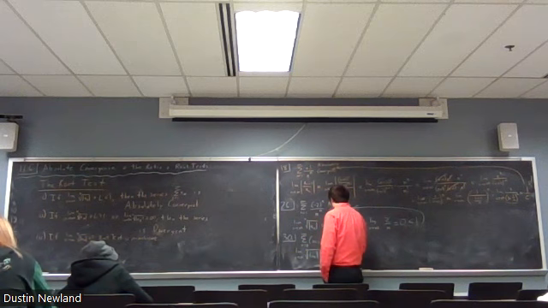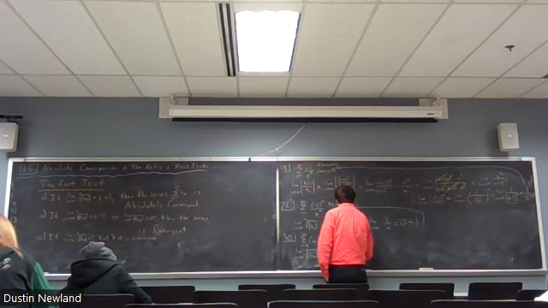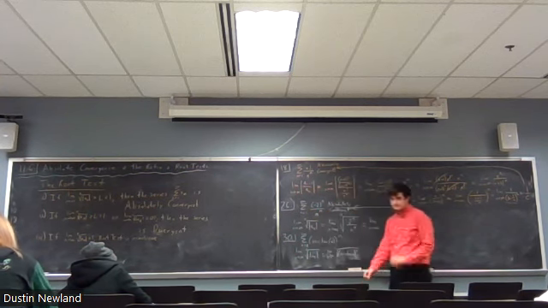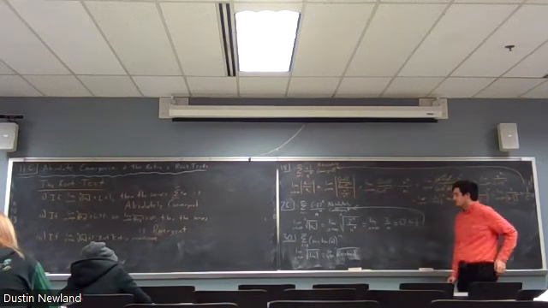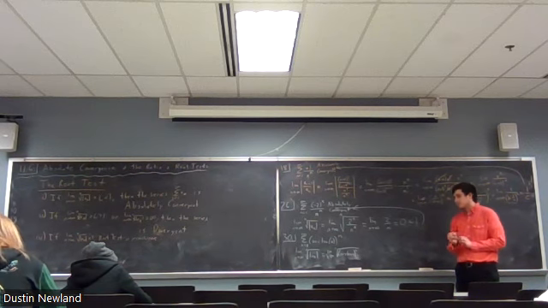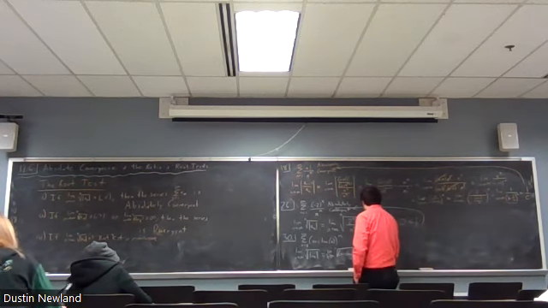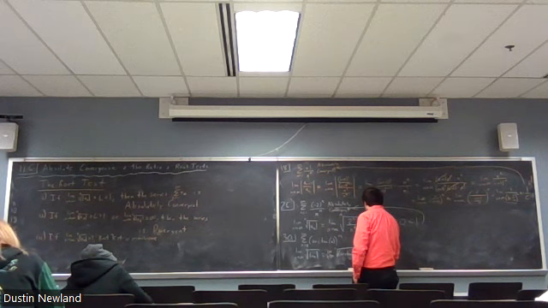So I'm going to have the limit as n approaches infinity of the nth root of arctan of n to the n. Now, what's going to happen here? I take the nth root, so we just get arctan. So we get the limit as n approaches infinity of arctan of n.